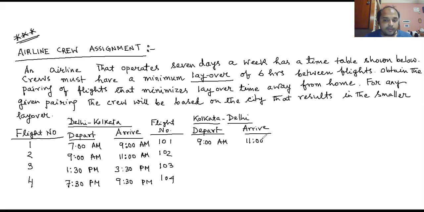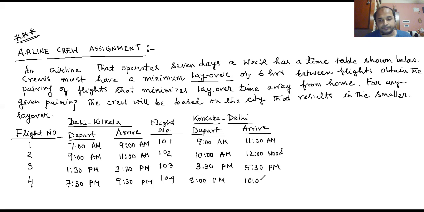You will understand why I am saying this. 10 a.m., 12 noon, 3:30 p.m., 5:30 p.m., 8 p.m., and 10 p.m. Let me draw the vertical lines, otherwise it will be confusing.